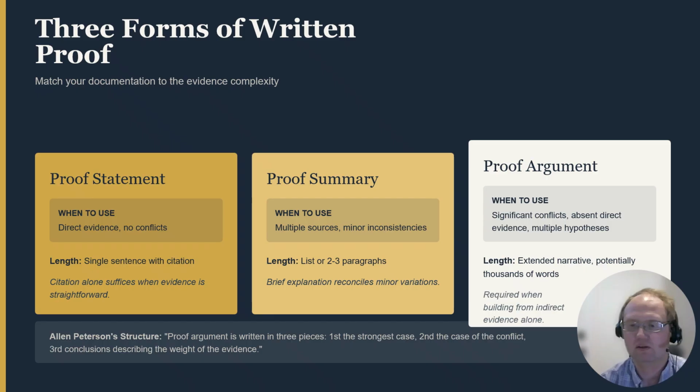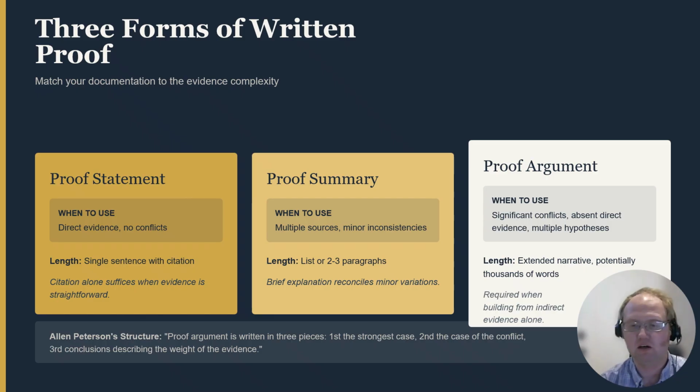So there's suggestions of how to structure it, particularly when you have multiple hypotheses or you have absence of direct evidence as well. So you write it, first section, strongest case. This is the most likely scenario, the case that after doing all this research appears to be the best one.